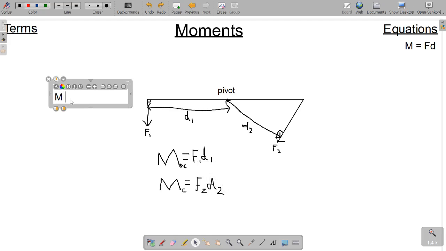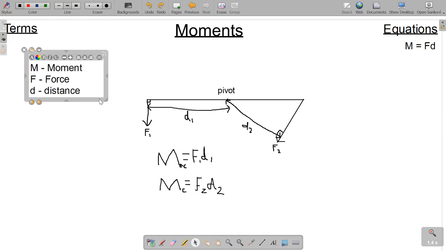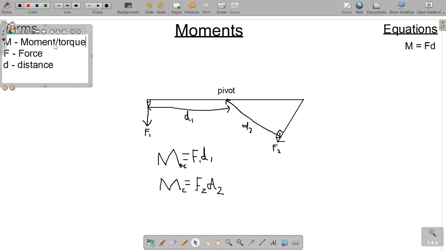Here M is the moment, F is the force, and d is the distance. Moment is also defined as the torque. This is another way of giving the same definition.